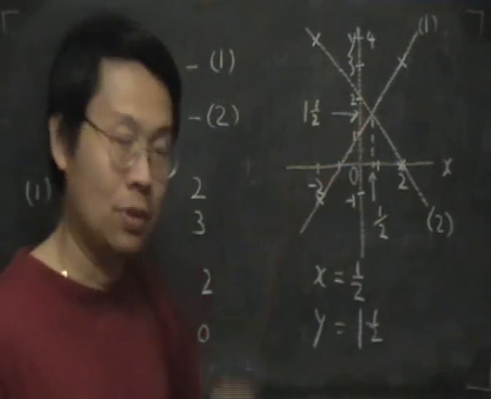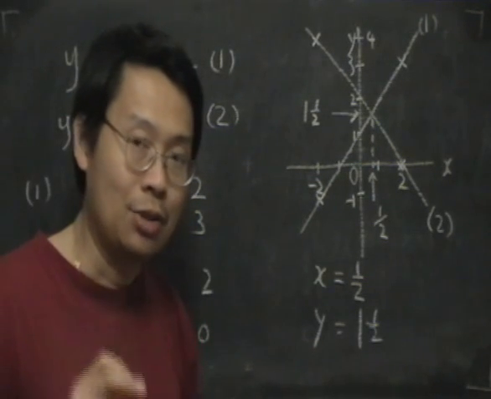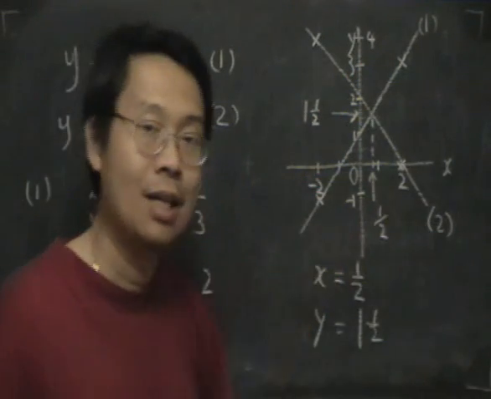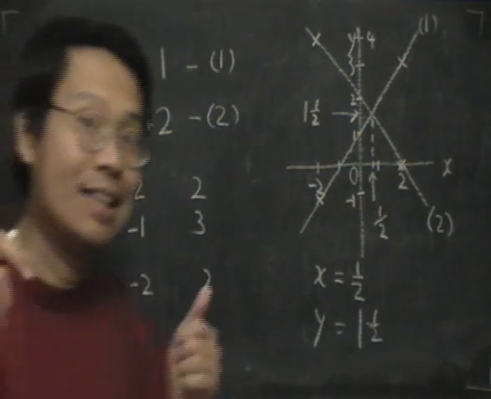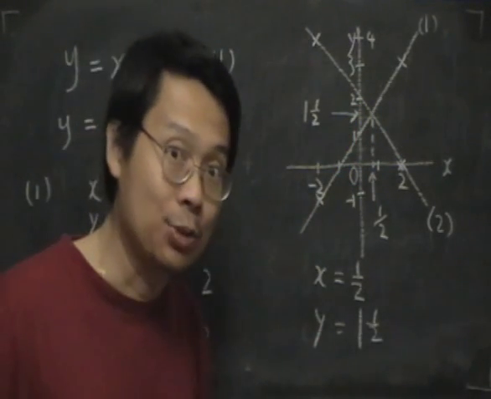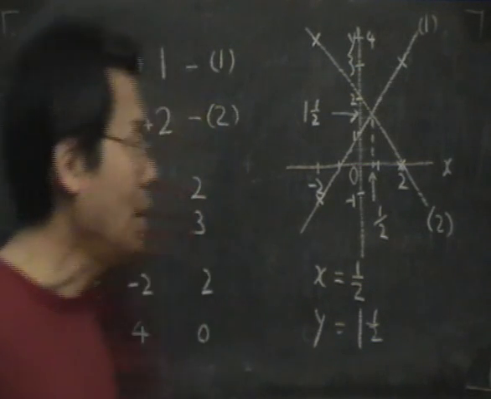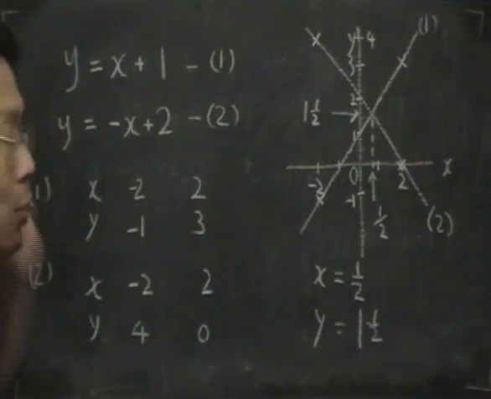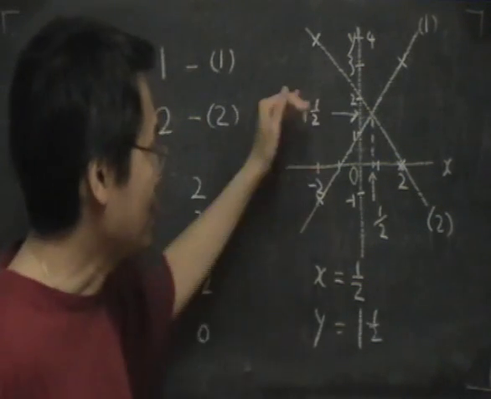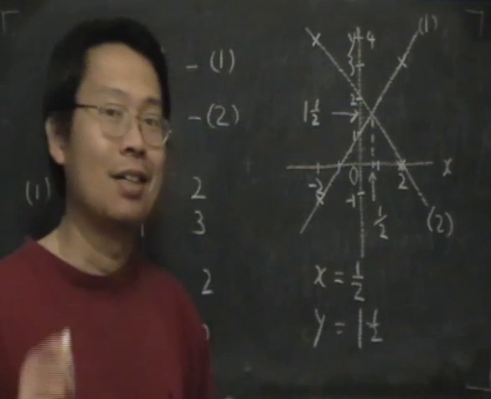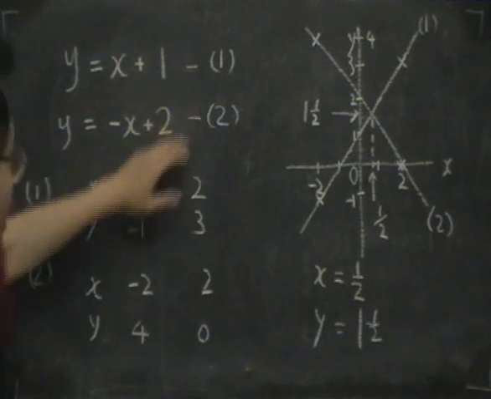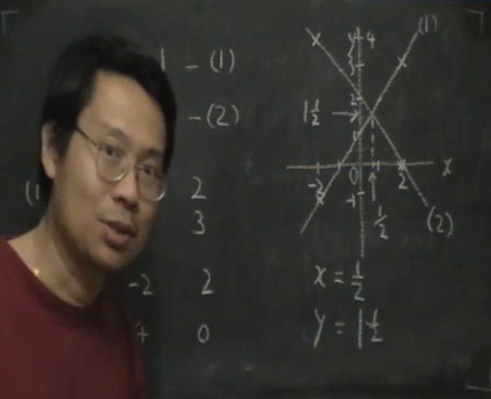Therefore, the point of intersection lies on both lines, both line number 1 and number 2. And therefore, the x and y values of the point of intersection must satisfy both equations. And therefore, the x and y values will be the solution to these two simultaneous equations.